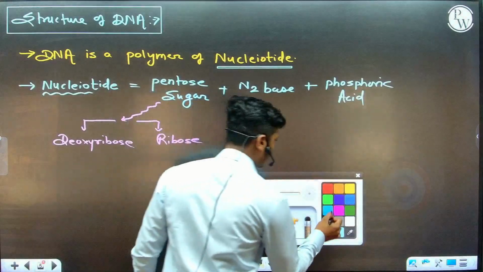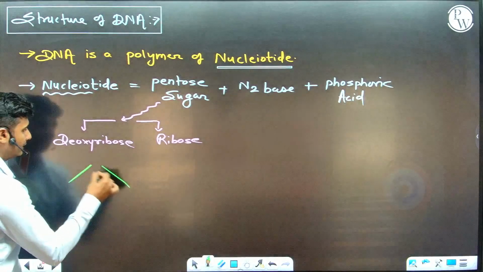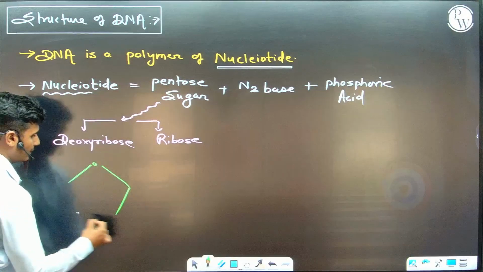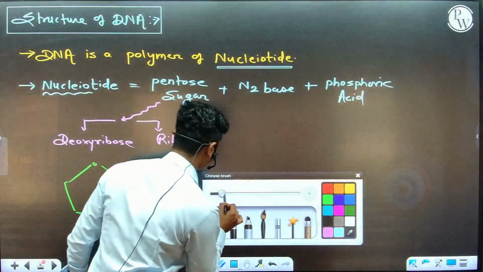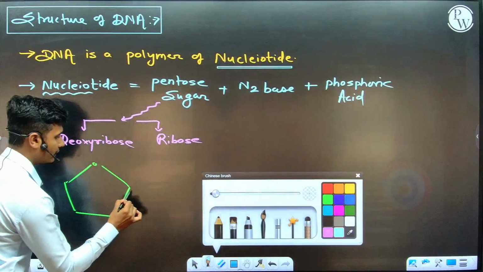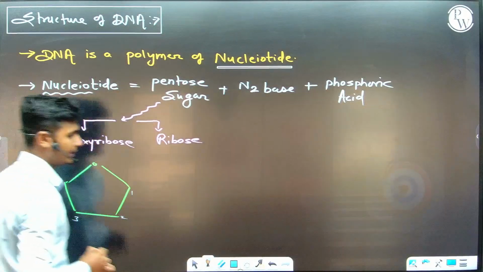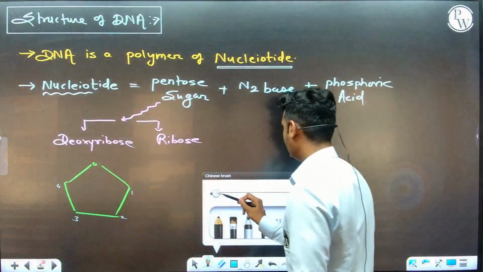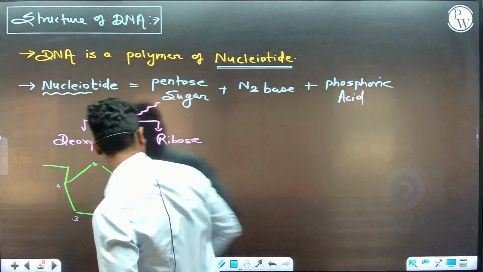When we talk about deoxyribose, there is 1, 2, 3, 4, 5. Now the counting of the carbon is like this: this is the first carbon, this is the second carbon, third carbon, fourth carbon. Where is the fifth carbon? The fifth carbon is here.